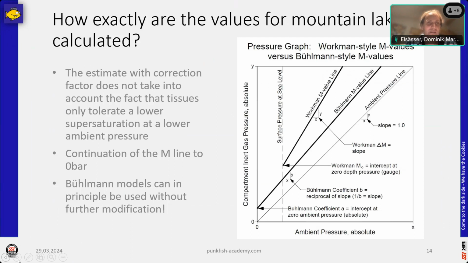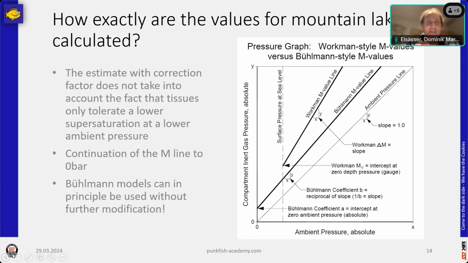And in the y-axis, there is inert gas pressure in what we call in decompression theory compartments. So model tissues. These models, they run in the case of this classical ZHL-16, that's the 16 compartments, so 16 different types of theoretical tissues with different half-lives, different speeds with which they on-gas and off-gas, and these speeds, they sort of reflect the perfusion, so how good these tissues are connected to the blood circle in the body.